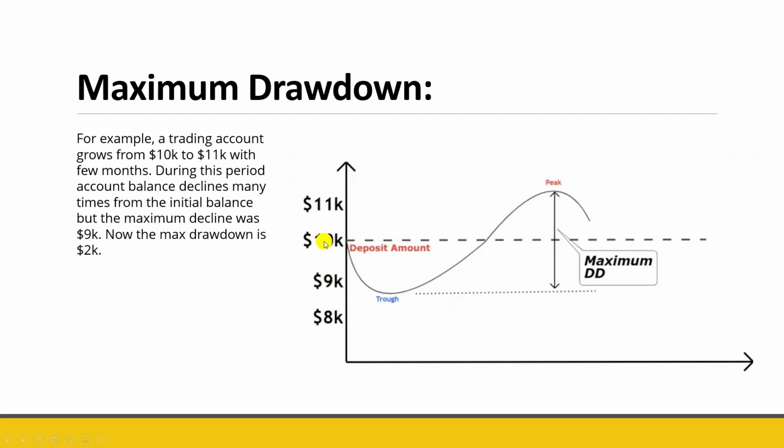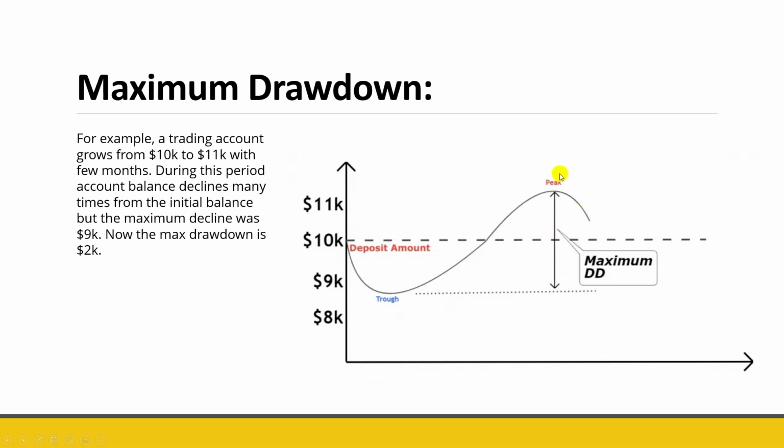So now let's say at this moment you have $9,000 in your trading account, and after that the trades go in your favor, and then your account grows. It grows to this level, which is almost the $11,000 level. So your account goes from 10k to 9k, and then it grows from 9k to 11k.